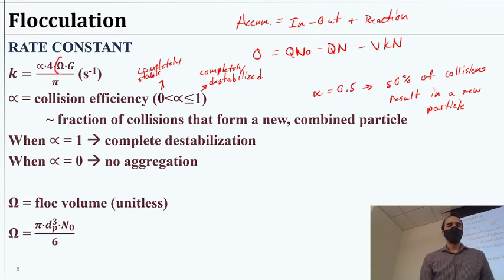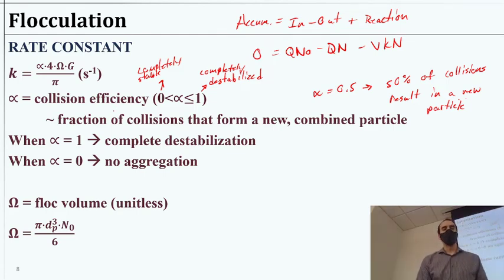Then we have this omega, and really that's the only other strange thing here. We have G, which we talked about a minute ago, so we know we have a formula for that, and that term is in per seconds. So that's really where our units are coming from here. This collision efficiency is unitless. It's just a fraction: what fraction of collisions yields a new particle.